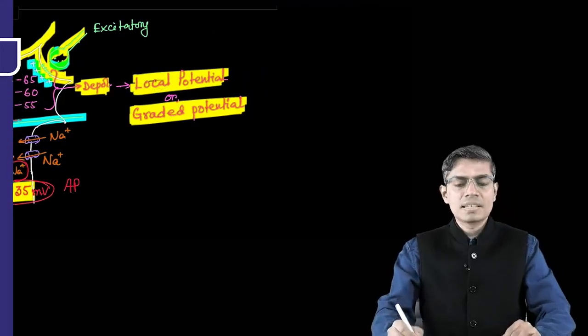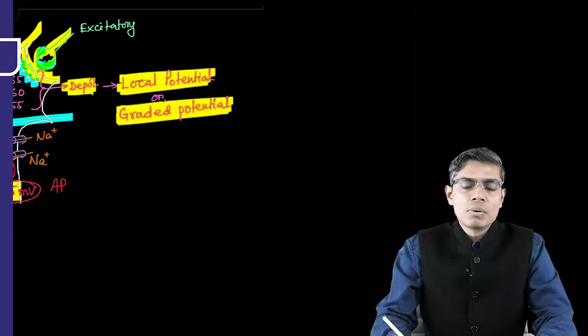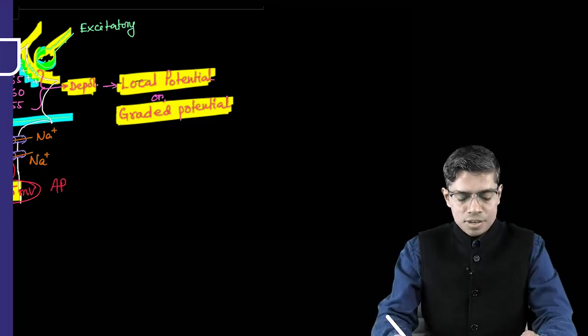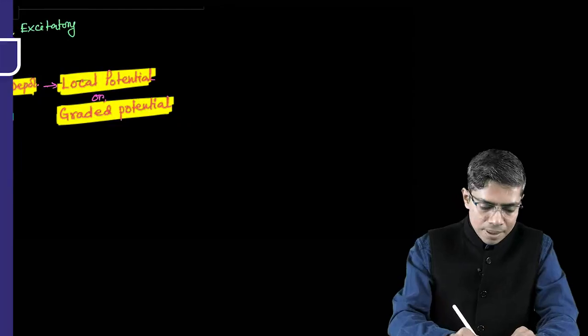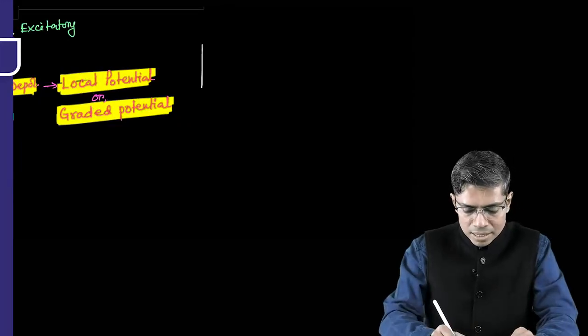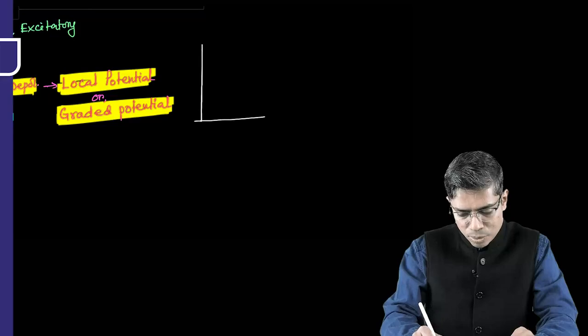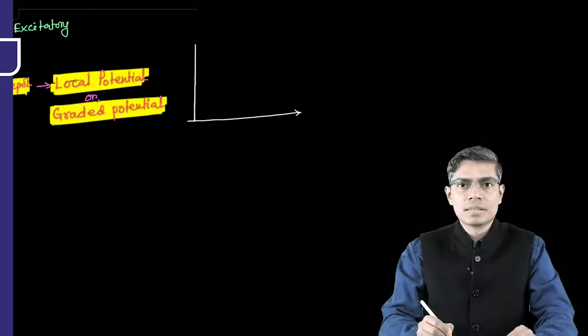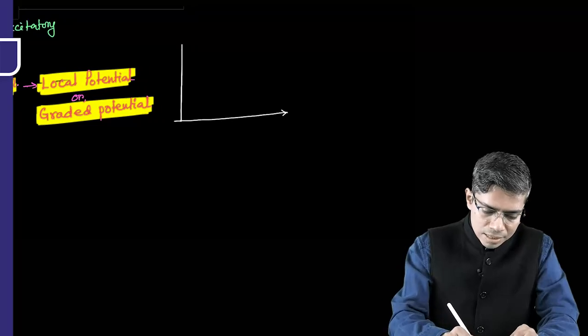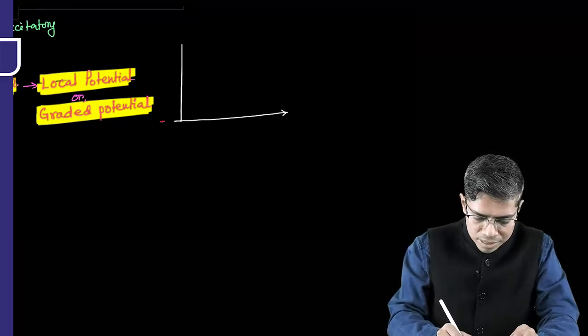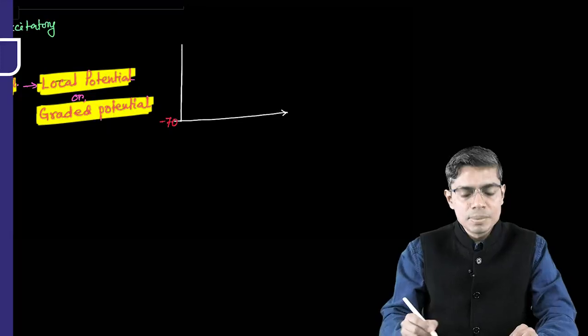Now, why is this potential known as local potential? Why is this potential known as graded potential? Let's try to understand that. If I try to plot a curve of this local potential, this is the resting membrane voltage, that is minus 70 millivolt.